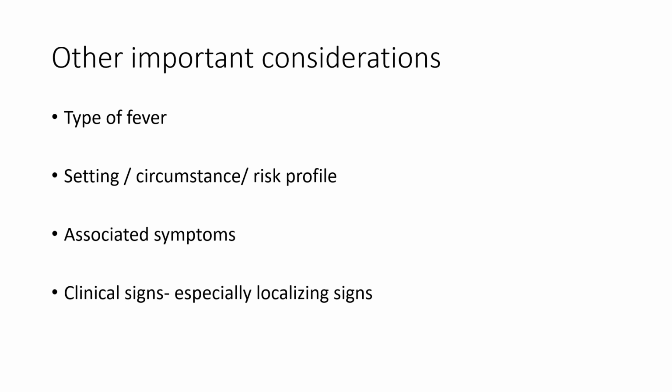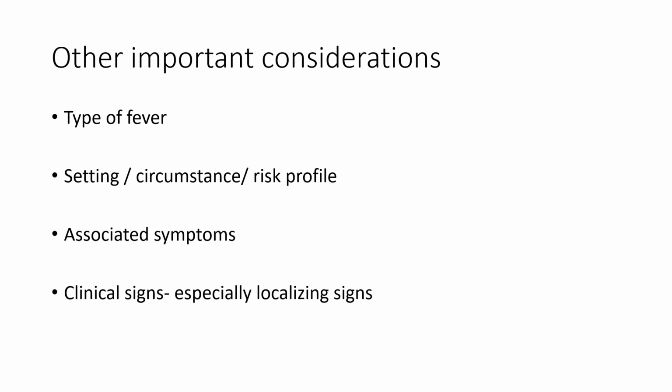If a patient is an elderly patient, a patient is immunosuppressed, say he's a patient of post organ transplantation and is on immunosuppressive drugs, that patient develops a fever, then that circumstance is very different. So that is why the setting in which the fever develops and what are the circumstances or the risk profile of the patient who presents with the fever are equally important to recognize.